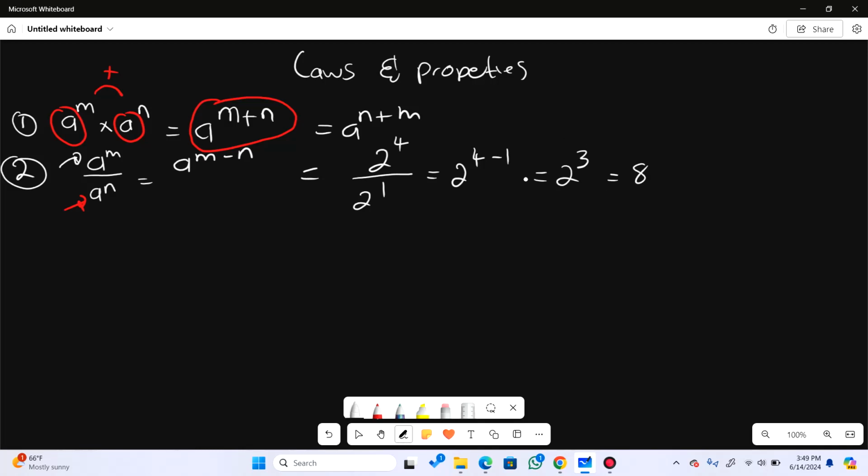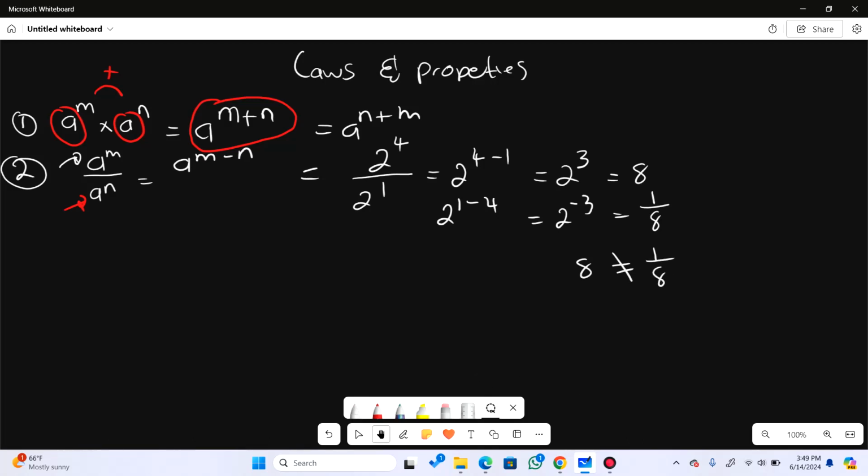Now what if we say 2^(1-4)? Now we're changing the whole scenario. We'll have 2^(-3), which in that case is 1 over 8, and we notice that 8 is not equal to 1 over 8.